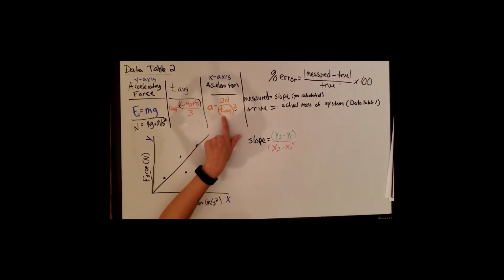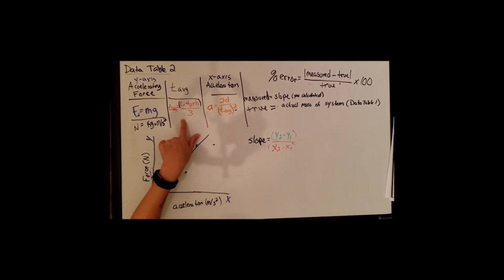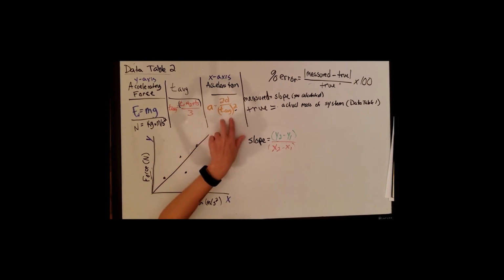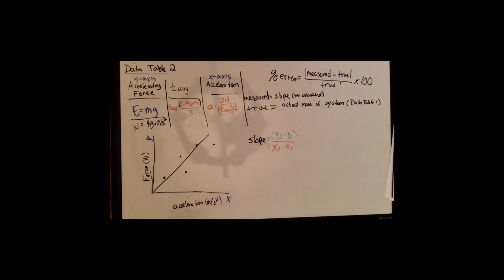Take the T average that you calculated in the column over here and square it in the denominator. So for each of the acceleration calculations for all 5 trials, you'll take 2 times the distance divided by your average time squared. Don't forget the squared portion.